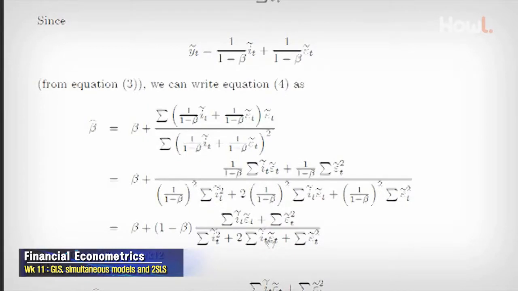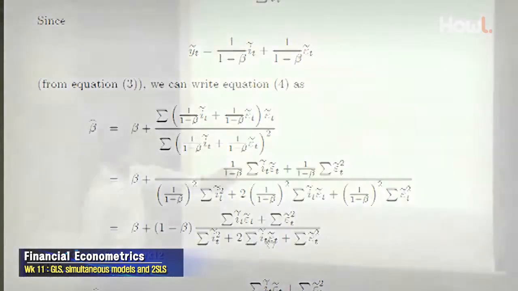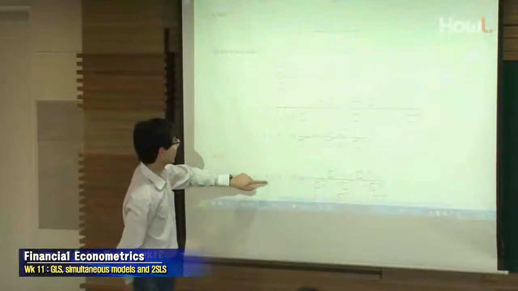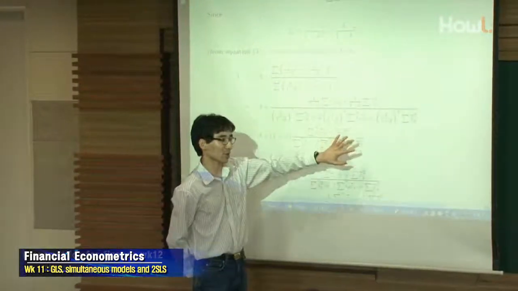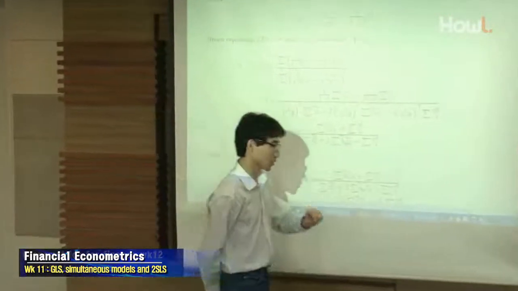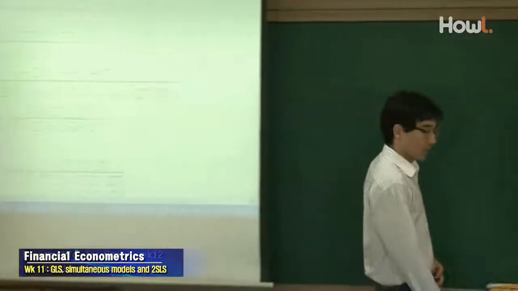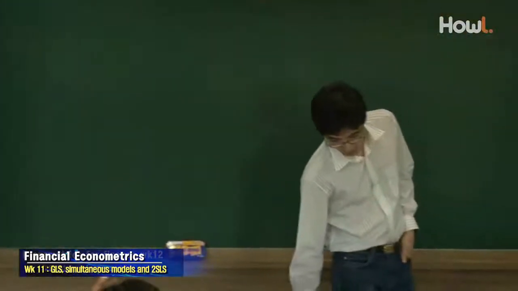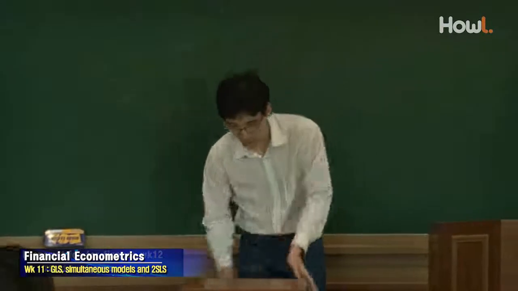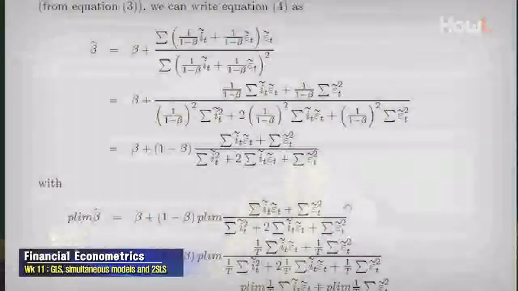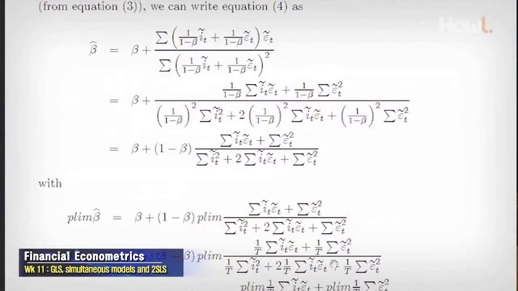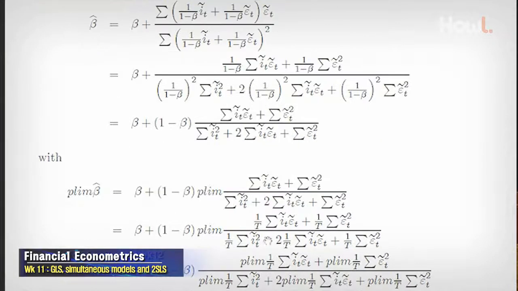Okay, so once we have this, now let's take a look at what the probability limit of this equation will be. The probability limit of beta becomes this one, so we need to calculate the probability limit of this. Next we divide the numerator and denominator both by T, the size of the data, and we have this.